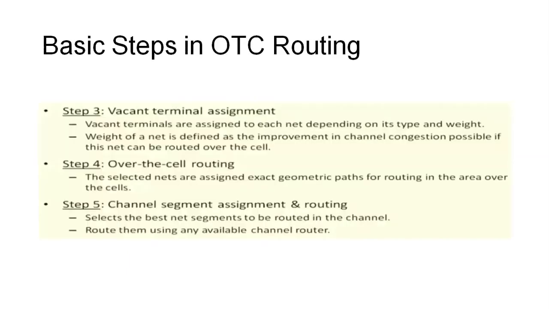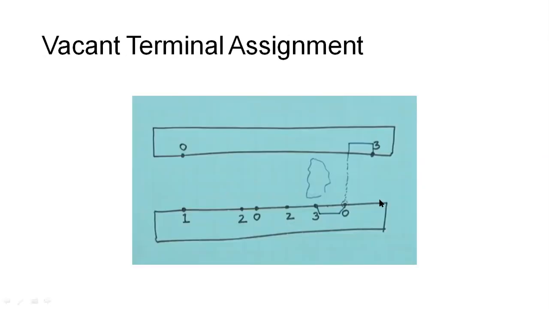So vacant terminals are assigned depending on their type and weight. The weight of the net is defined as the improvement in the channel congestion possible if this net can be routed over the channel. This is what I explained. If I am going to lay out the net from terminal 3 and connect to some horizontal segment, the congestion will increase.